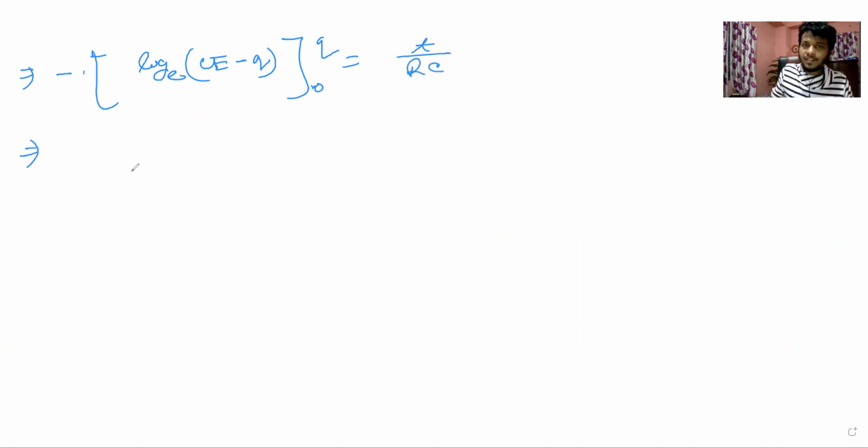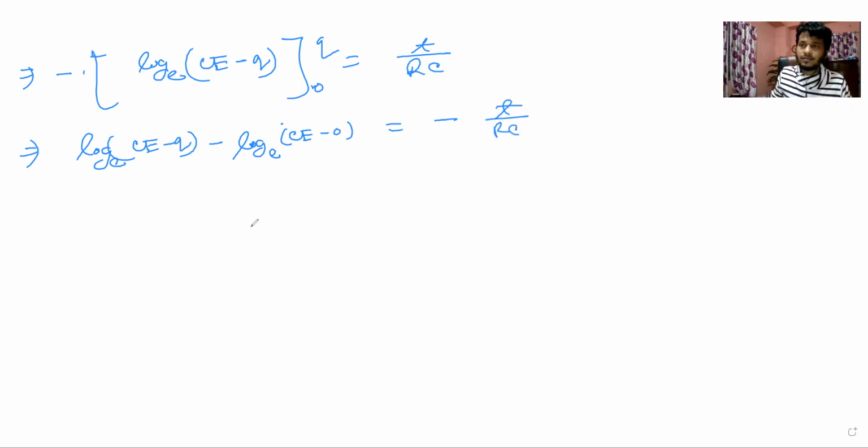So if we take this minus part here, and if we put the value of the limit, then it will be log e based c minus q minus log e based c minus 0, right? And this will be what? Minus t upon rc, isn't it? Okay, so it would be log e of c minus q minus log e ce, it would be equals to what? T upon rc. Fine.